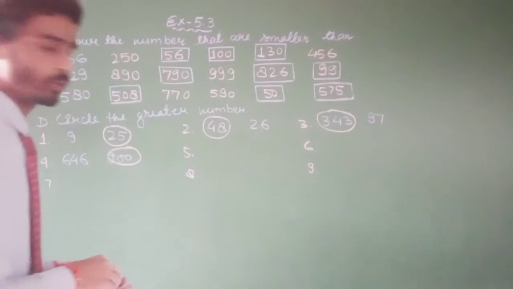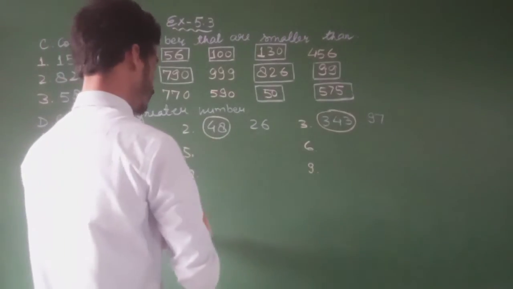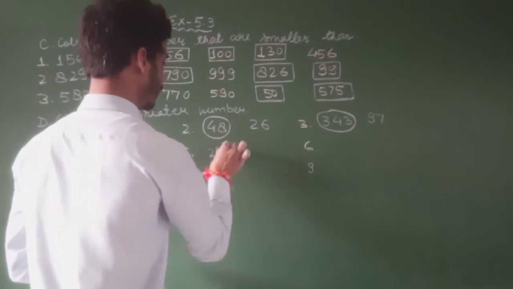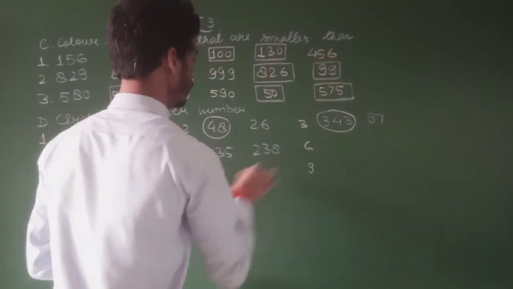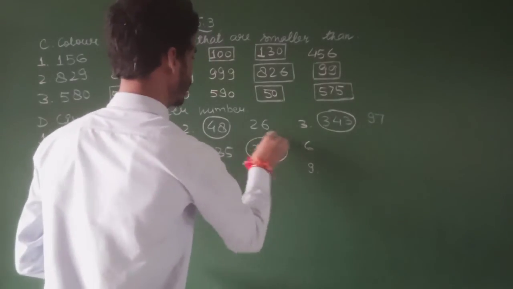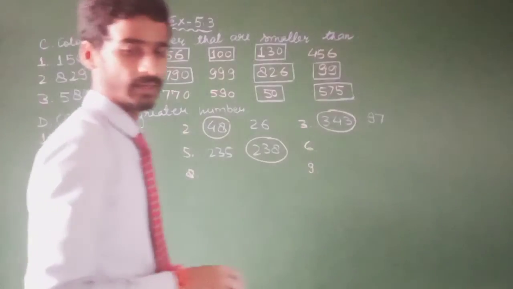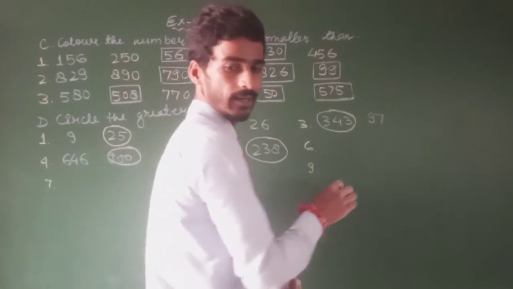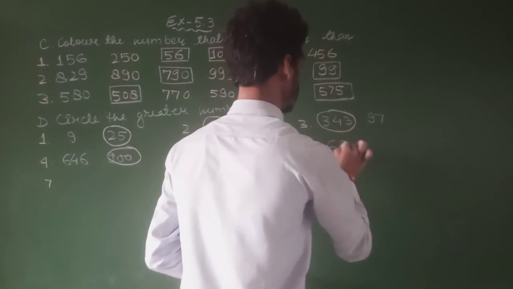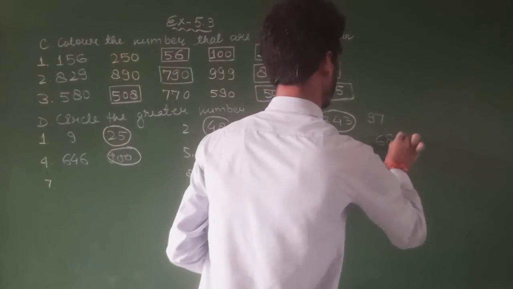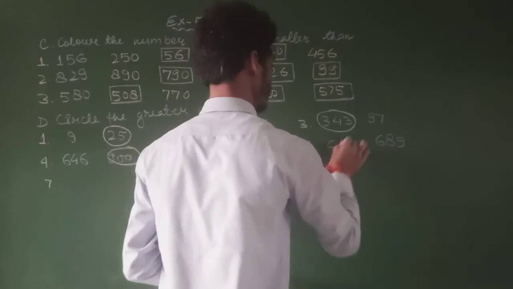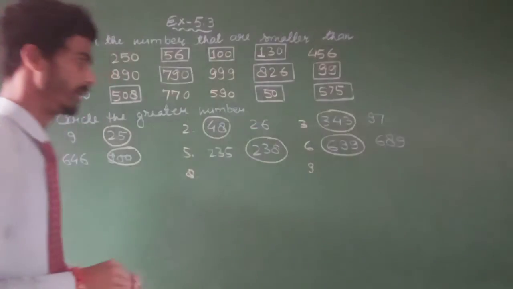Okay. And 235 and 238. We know that 238 is greater than 235. The next numbers are 699 and 689. So 699 is greater than 689.